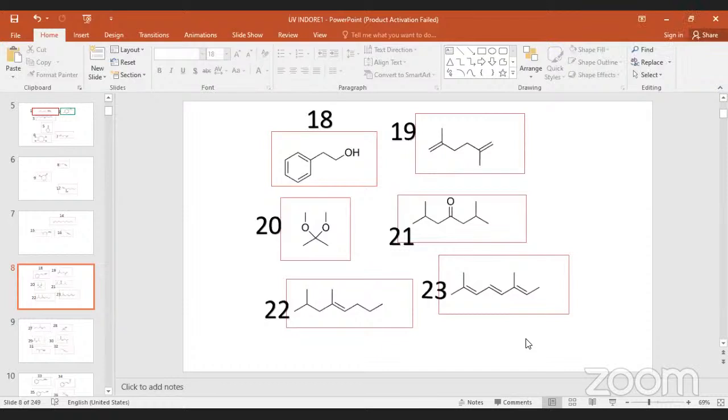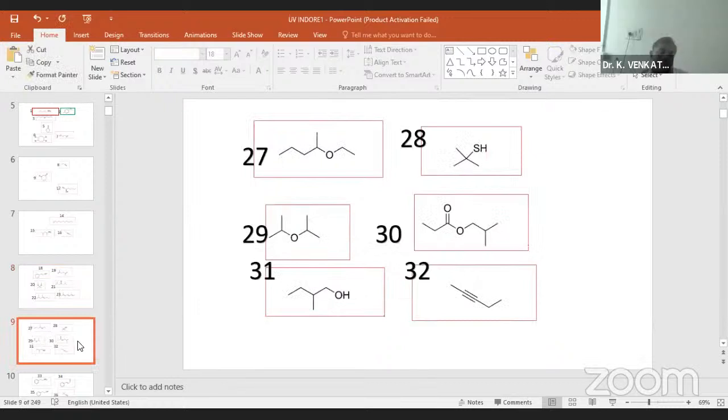Now 23. 1, 2, 3, 4. 2,6-dimethyl octane 2,4,6-triene. Octatriene, correct. 2,6-dimethyl, 2,4,6-octatriene.